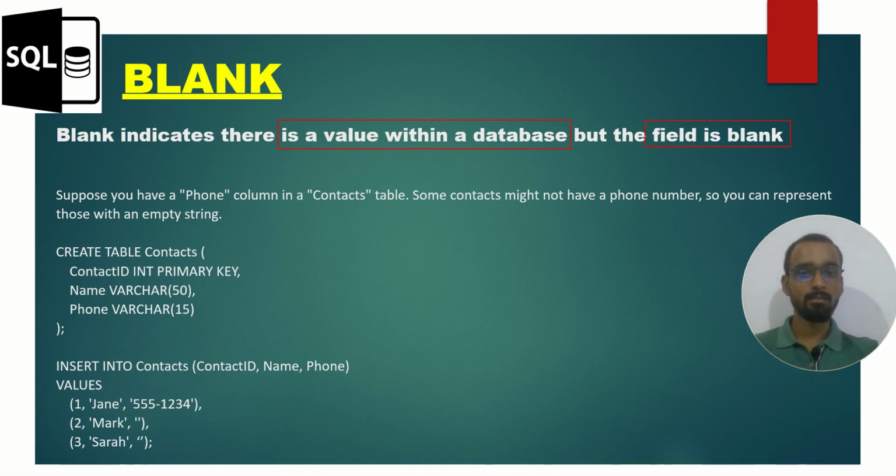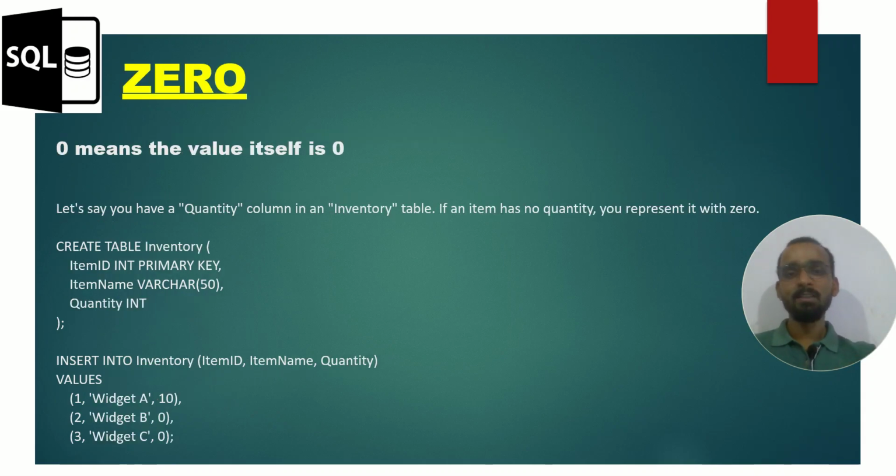Simple it is. We will be using this table, which is called contact. I will be creating the database, then the table, and I will show you how we can figure it out. Now let's go to the last but not least, zero. We know zero is a numeric value.